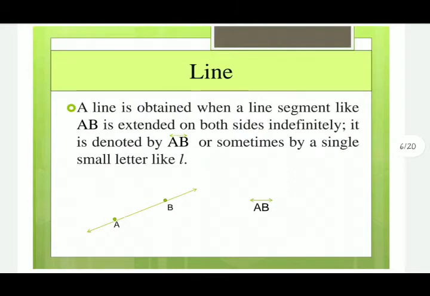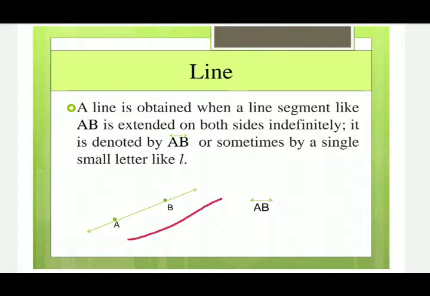Next is line. A line is obtained when a line segment like AB is extended on both sides indefinitely. It is denoted by AB or sometimes by a single small letter L. Here example is there. AB line means that you can extend a line segment. Here you can see that this is a line segment.